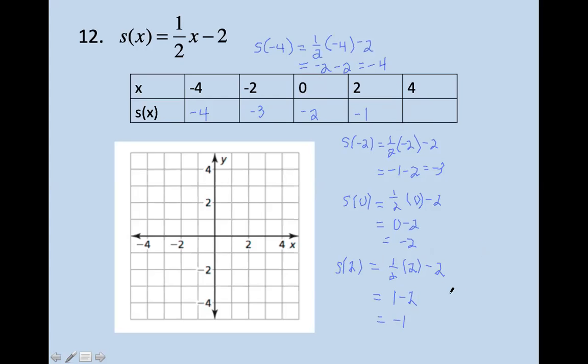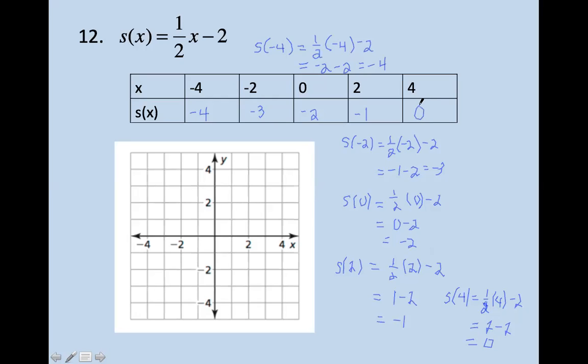We'll try to squeeze it in over here. We have s of 4, which is half of 4 minus 2. If we take 1/2 of 4, we get 2, and 2 minus 2 is 0. So s of 4 is 0.